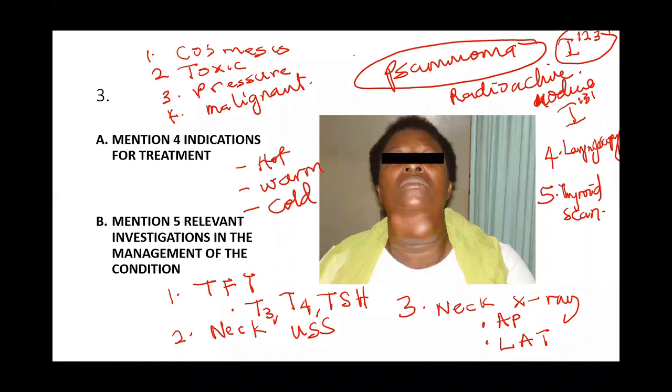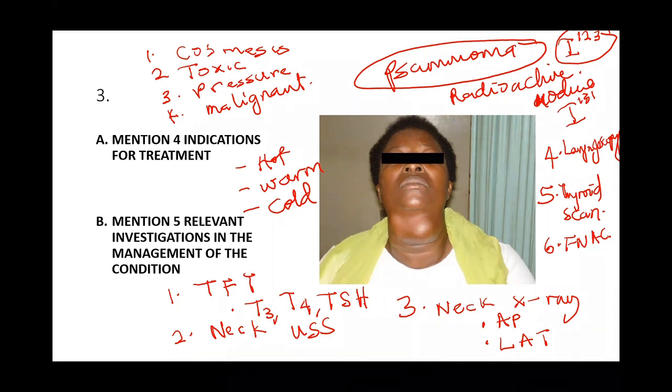So we've mentioned how many? 1, 2, 3, 4, 5. Okay, there are several other tests. And one important, very important test is fine needle aspiration cytology. You want to define if the gland is benign or malignant, okay?